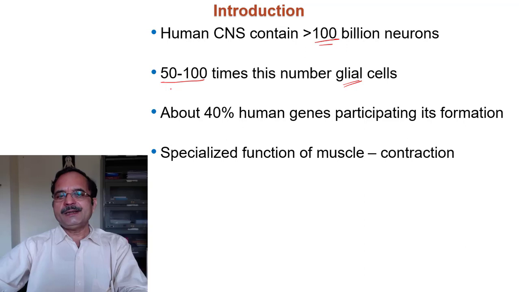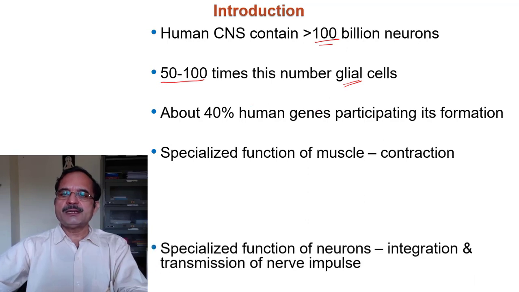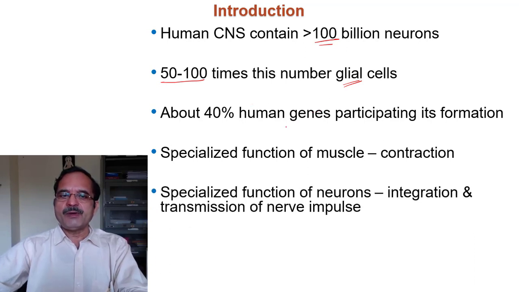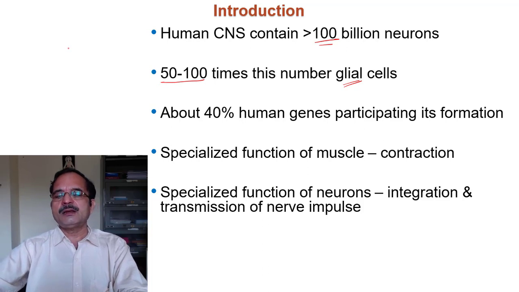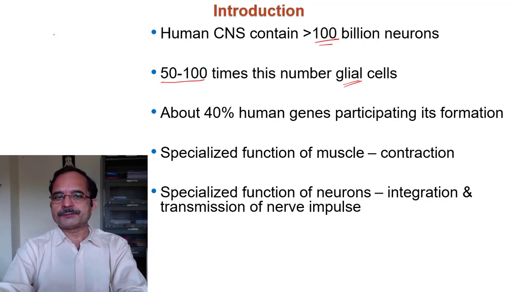Now we also discuss sometimes about the muscles. The function of muscle cells is contraction, whereas the function of the neurons is integration and transmission of nerve impulse. We have seen earlier in unit number 1, that is action potential. Under normal conditions the cells are in the polarized state.